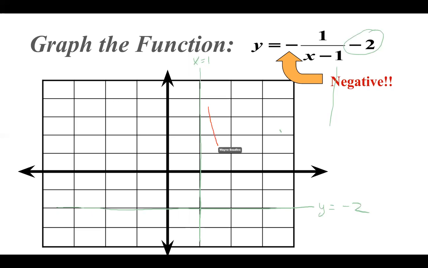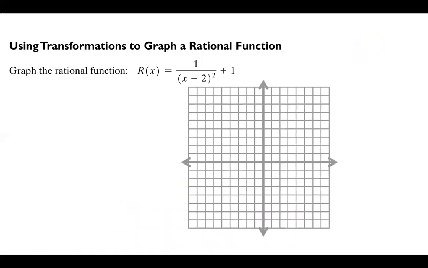Instead of it being in the first and third quadrant, you're going to think of it going through this one, which is the second quadrant, and this one, which is the fourth quadrant. So it's going to look like this. But most of the time they're just asking you what those asymptotes are, and then you can use your calculator to come up with what the graph looks like.